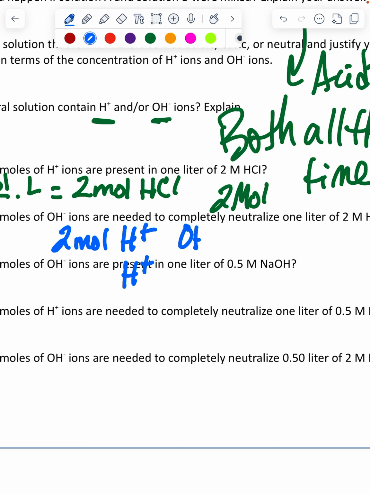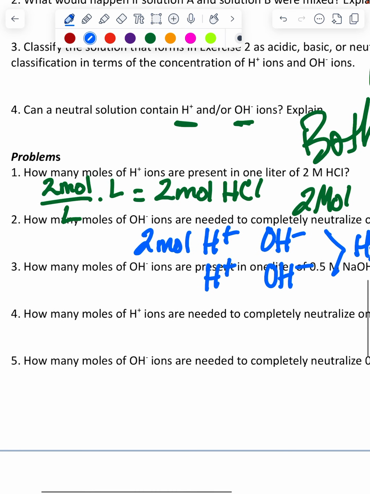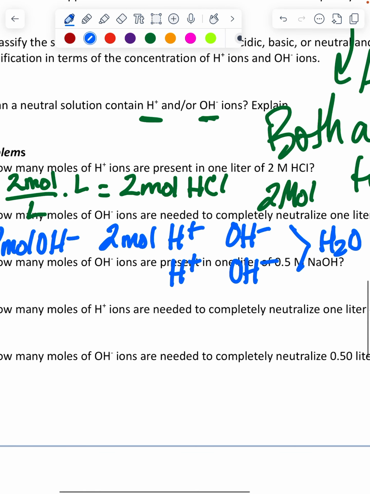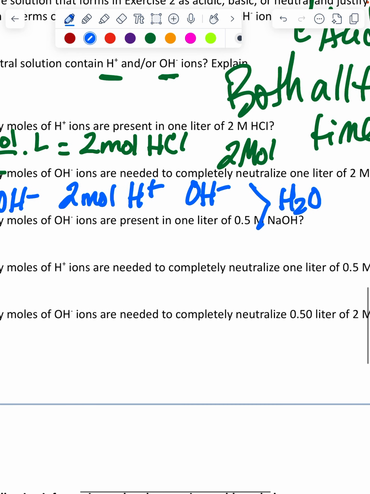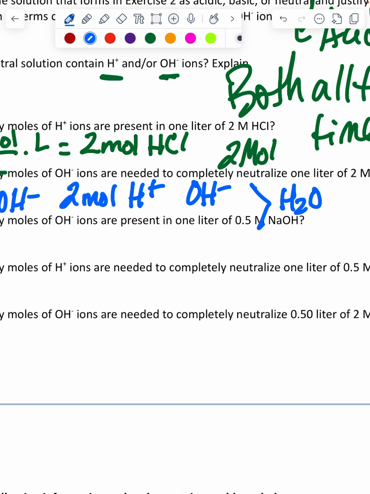Don't I need 2 OHs to make those water? So in order to neutralize 2 moles of H, I need 2 moles of OH negative. So look at the next one. How many moles of OH are in 0.5 molar NaOH?